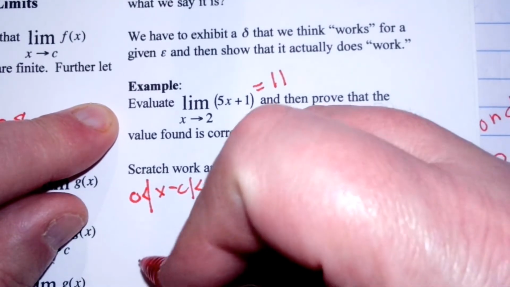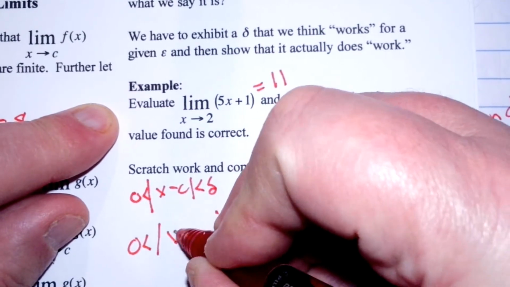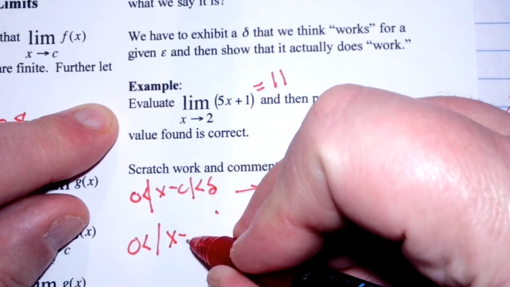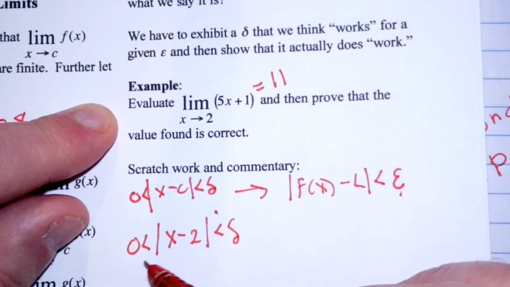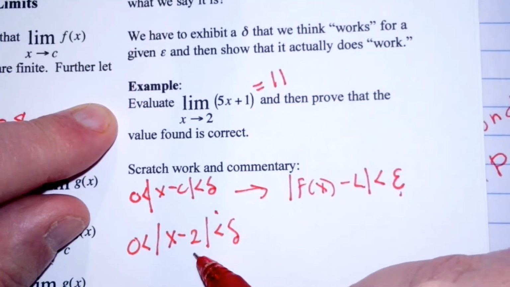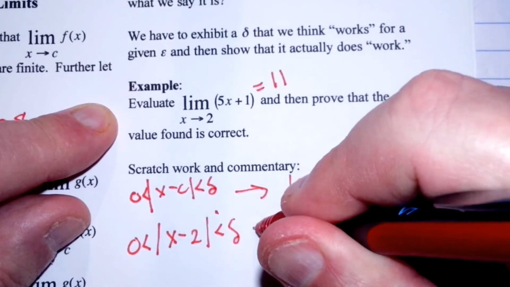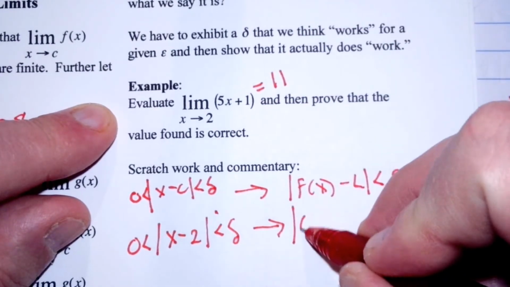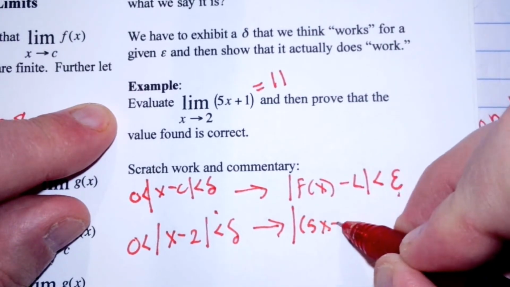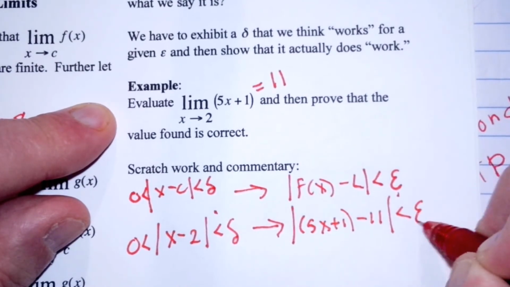Alright, so what we're going to be doing is going from 0 is less than the absolute value of x minus 2 is less than delta to the absolute value of 5x plus 1 minus 11 is less than epsilon.